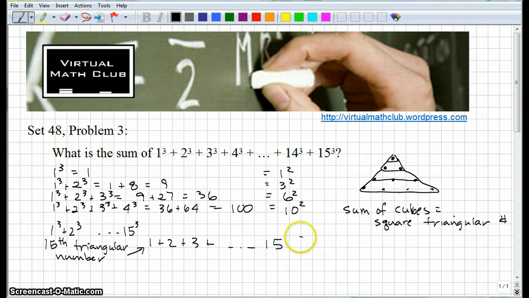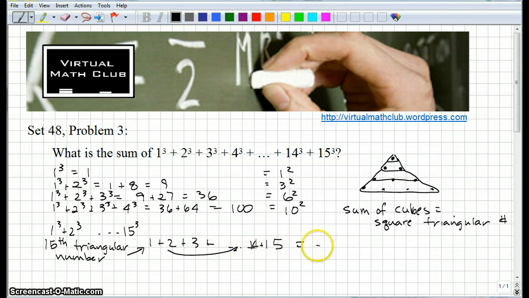Now, we can figure out what that is. There are lots of tricks in this problem. You can add those up, it's doable, but the trick I like to use is Gaussian addition, Gauss's way of adding. If I had this plus 14, you can see that the first number and the last number add to 16, and the second number and the second to last add to 16.